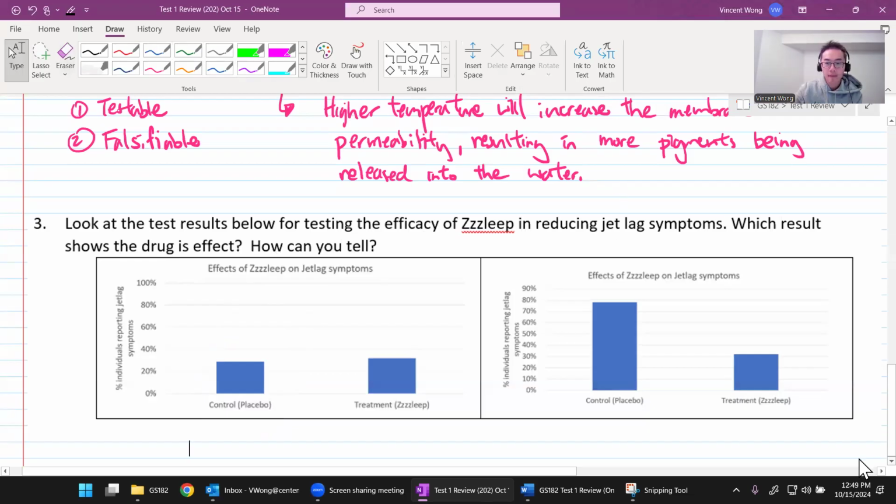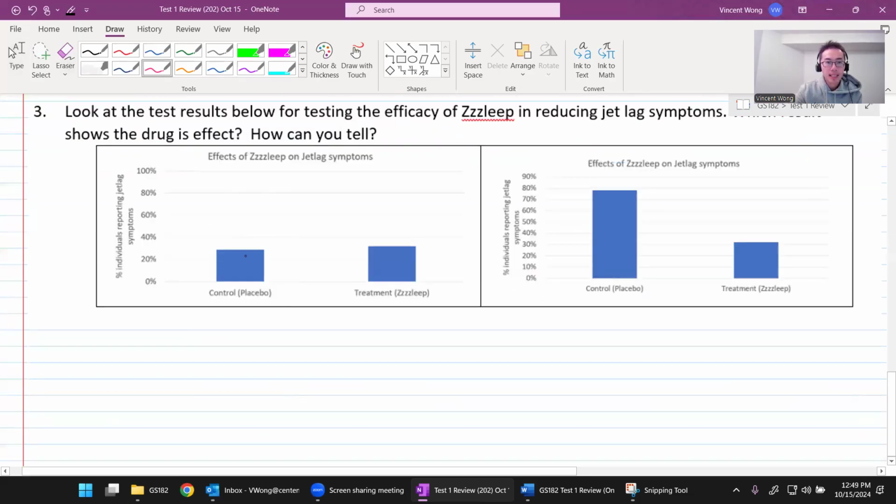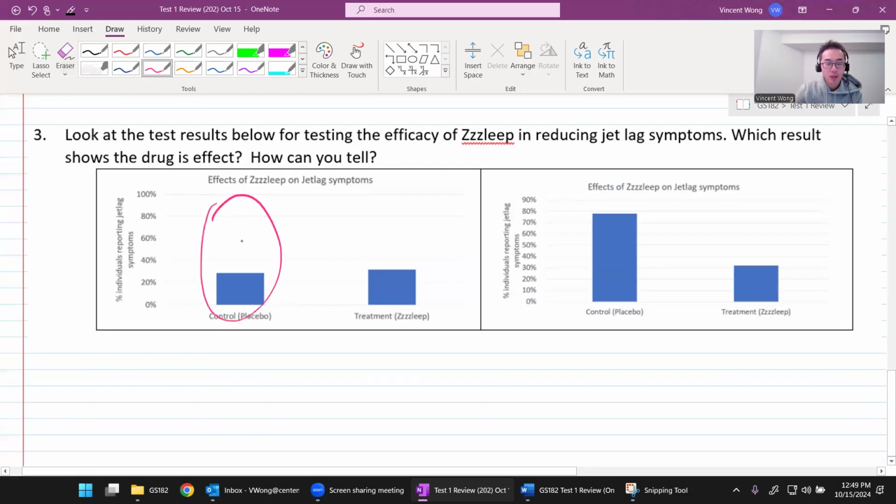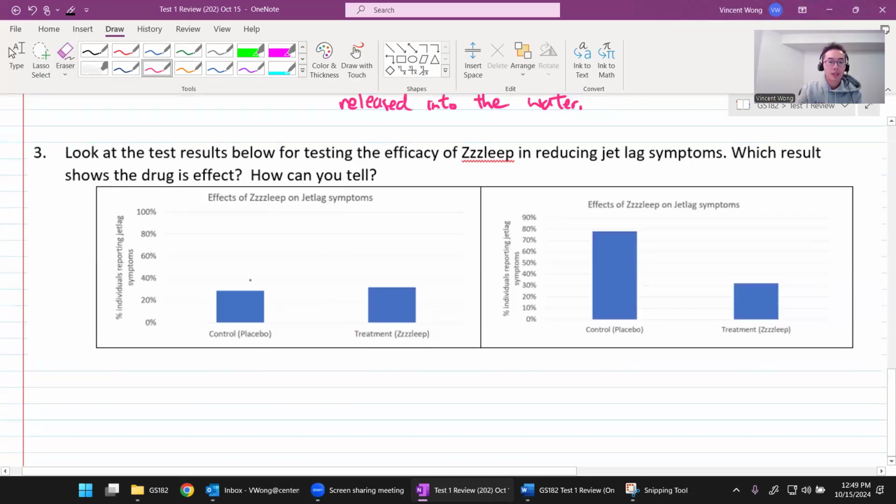On the left graph here, we can see there is a reduction in jet lag symptoms in both the placebo and the experimental drug. So based on this result, do you think the drug is effective? Anybody?